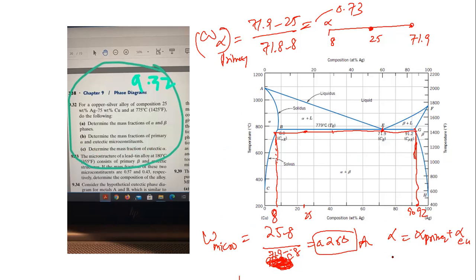We want to find alpha eutectic, so alpha eutectic is alpha minus alpha primary. Alpha comes out to be 0.794 minus 0.734, so alpha eutectic comes out to be 0.061. This is our answer for part C.